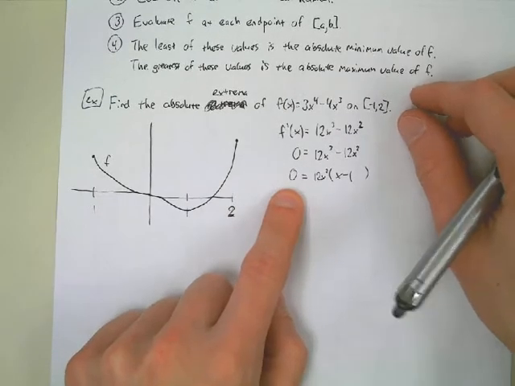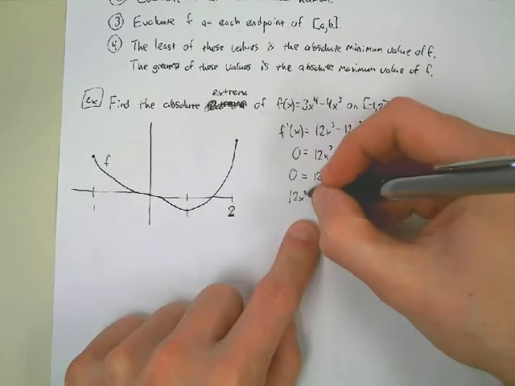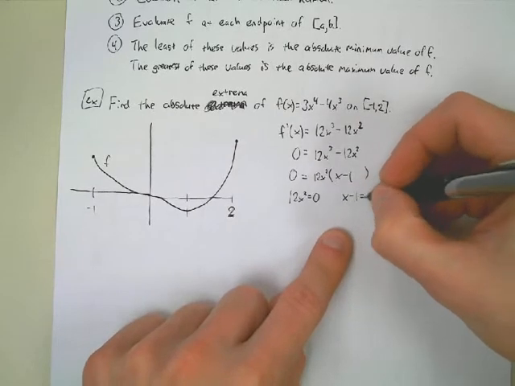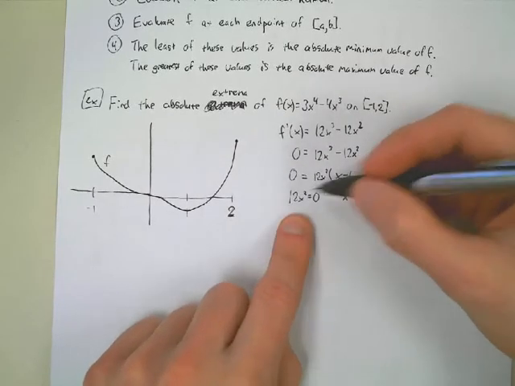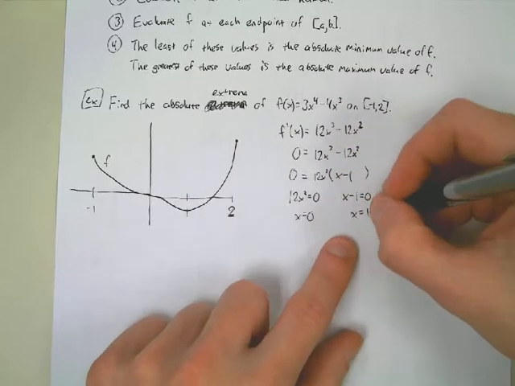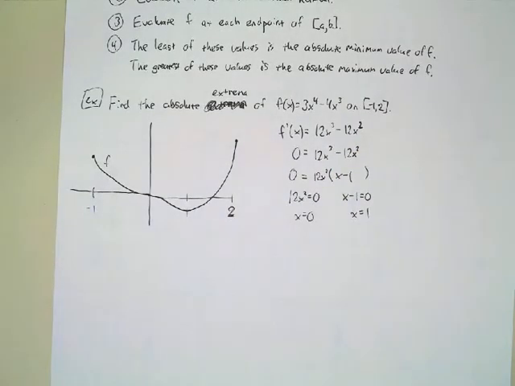Yep, 12x squared then must be 0, or x minus 1 must equal 0. In this case, divide both sides by 12, square root both sides, you get x is 0. And then this is x equals 1. And sure enough then, do we have a critical number at 0? Yes. Do we have a critical number at 1? Yes.